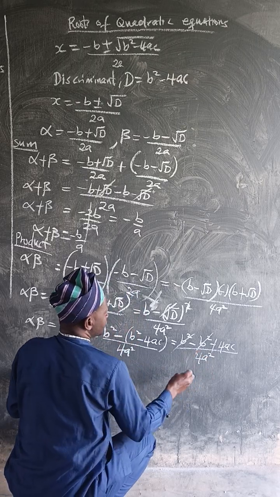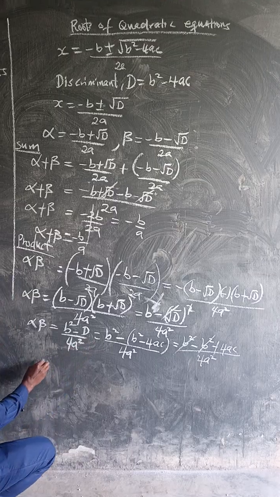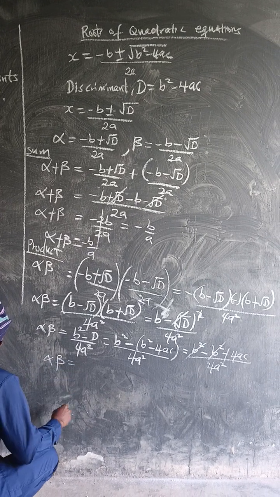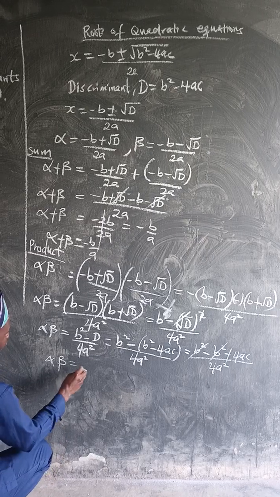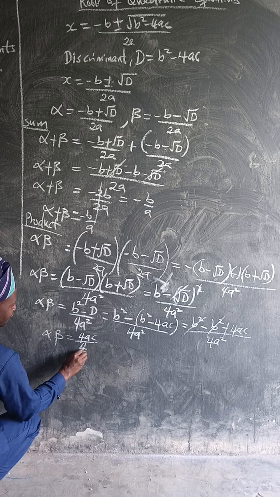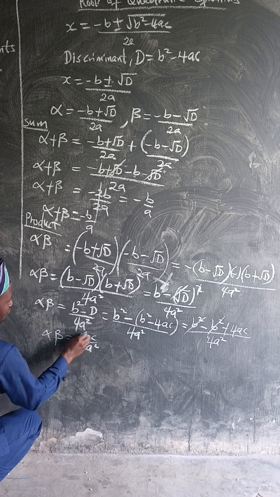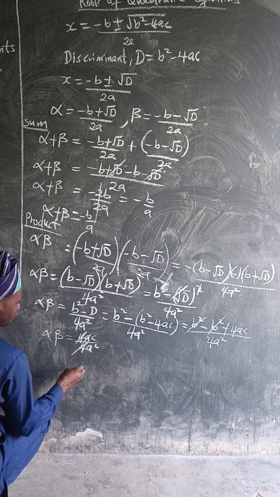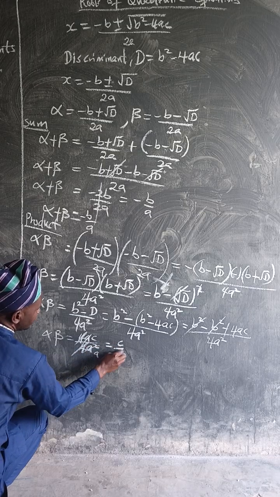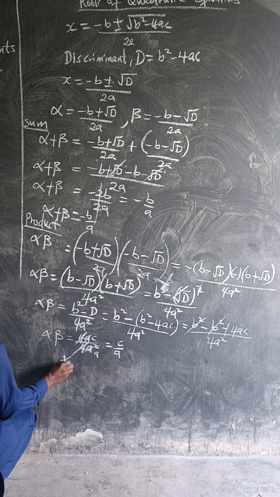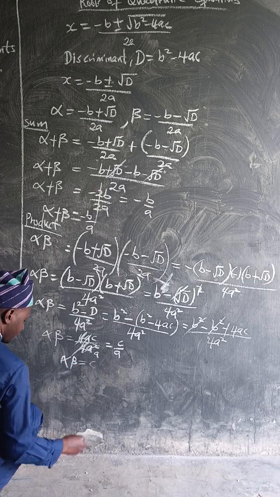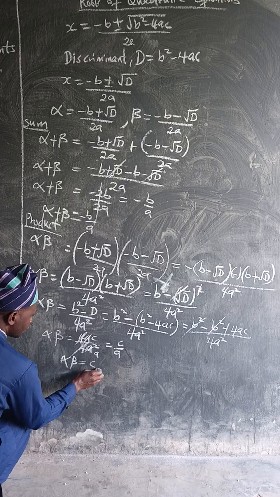The b squared terms cancel. Which implies alpha beta equals 4ac divided by 4a squared. The 4 cancels, and a goes into a squared one time, then we have c divided by a. So therefore, the product of the roots, alpha beta, equals c divided by a, c over a.